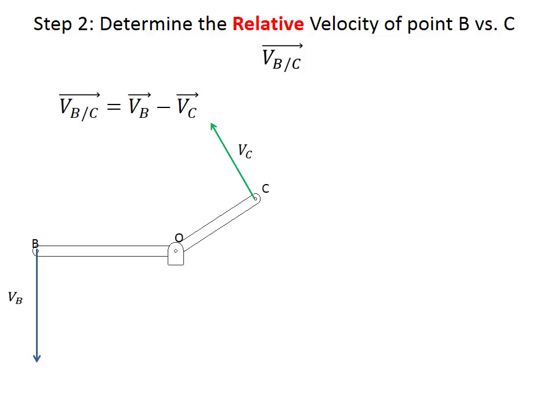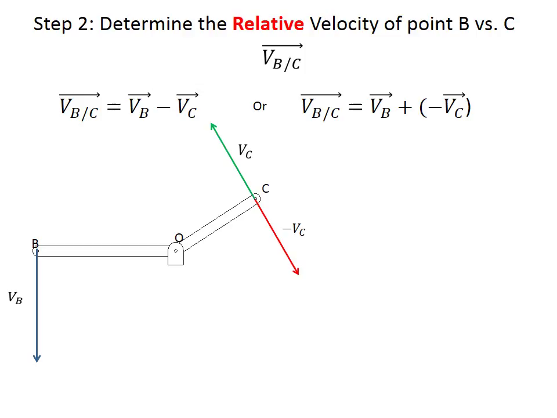In order to do this subtraction, we can rewrite the formula in the format of VB plus negative VC, which is a vector in the opposite direction, same magnitude as the VC, which is going to be this one.